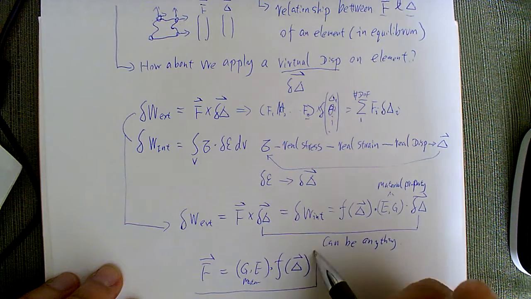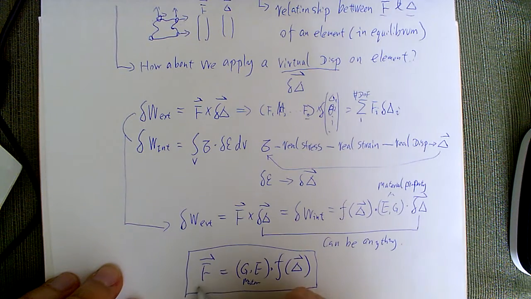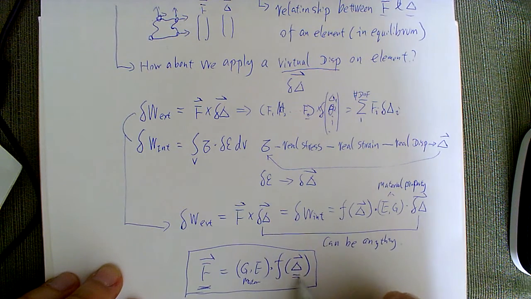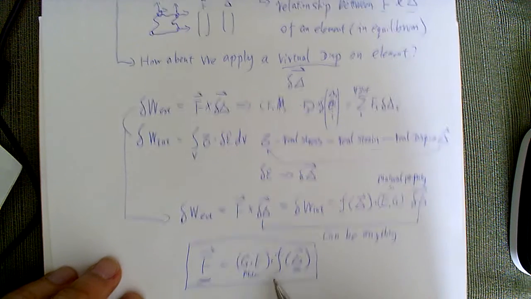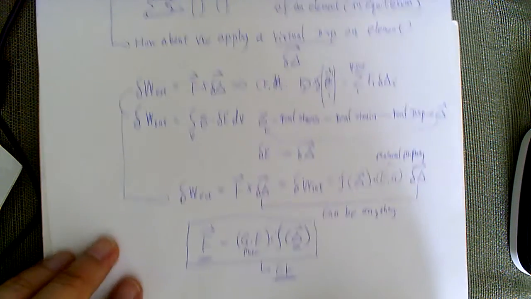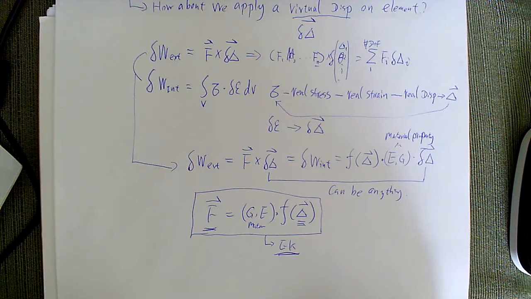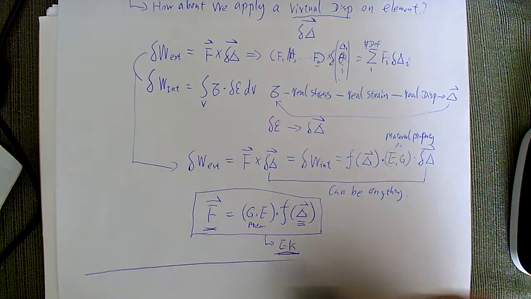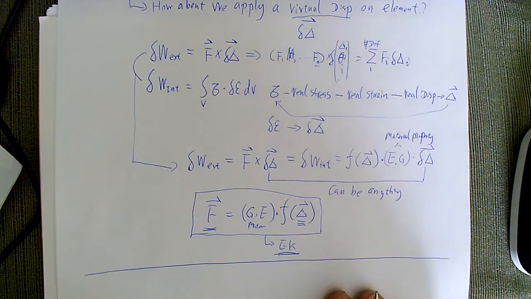So you got a relationship between your real force and the real displacement. And then if you arrange this blob in a matrix form, that becomes your EK. Okay, that's a big game plan.